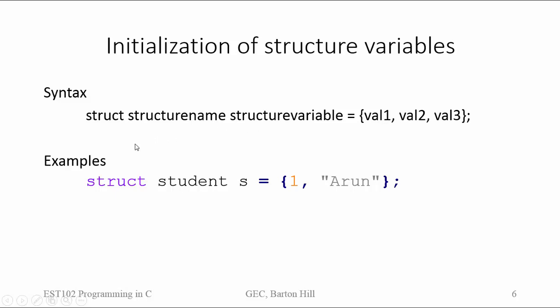For example, for the structure student we can initialize by struct student s equal to, inside curly braces, first roll number, so I am giving 1, comma, then we should provide the name, so inside double quotes I am writing Arun. Here it is a string, that's why it is written inside double quotes, then close curly brackets, then semicolon. This is how we initialize structure variables.